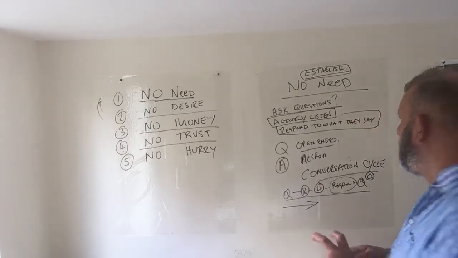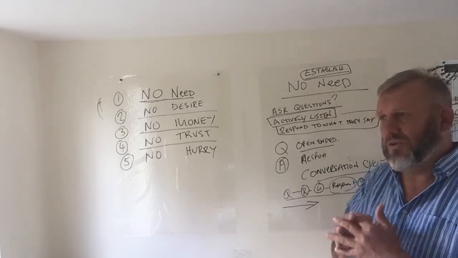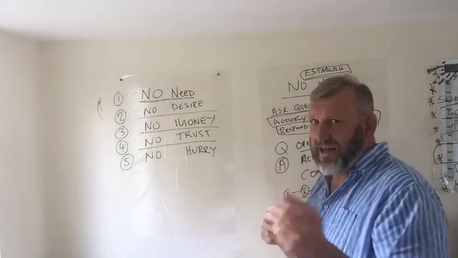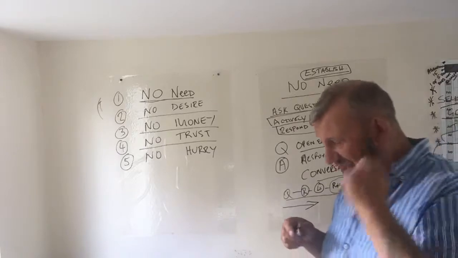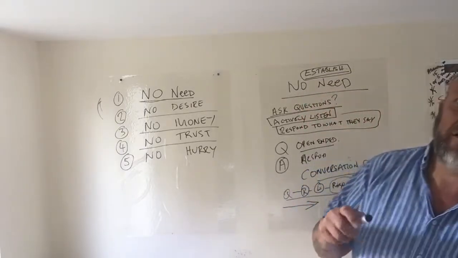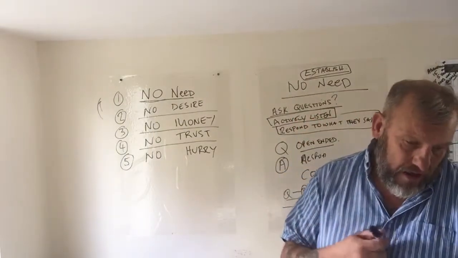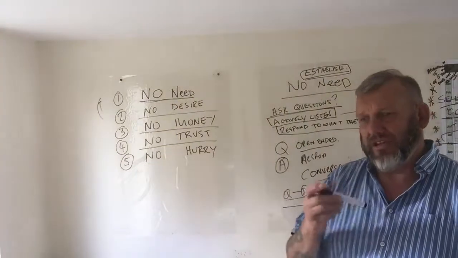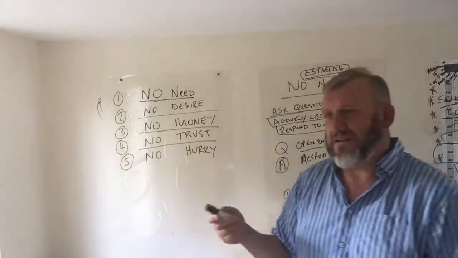Now, probably it would be easier for me to demonstrate this than it would be to just explain it. So I'm going to try and demonstrate it based on conversations that I've had in the past in various businesses that I've been in. So when I was in the motor trade, I might establish the need by saying to the client, why are you out looking for a car today?